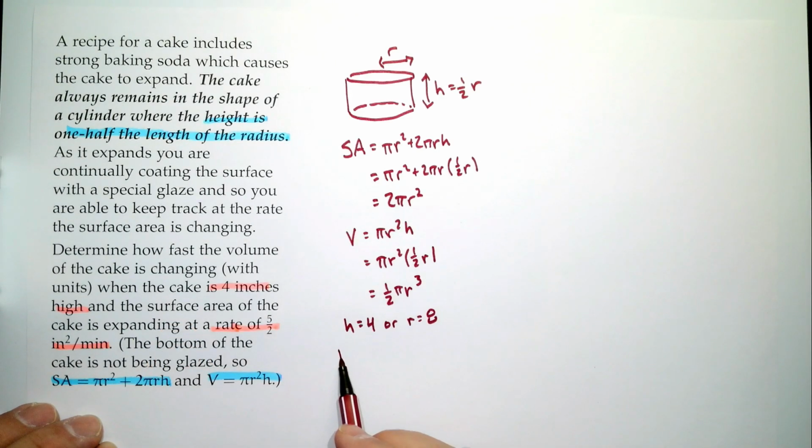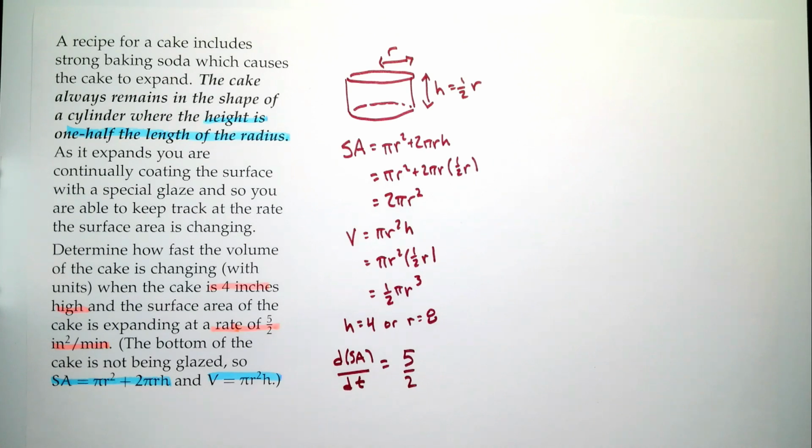So we're going to say the change in surface area with respect to time is expanding, which means it's getting bigger, so positive 5/2. So we're translating the information from text format into something more mathematical, because we feel more comfortable doing manipulations of mathematical expressions.